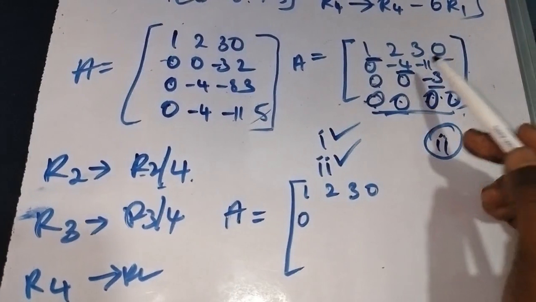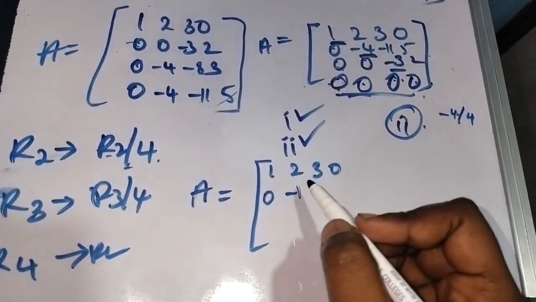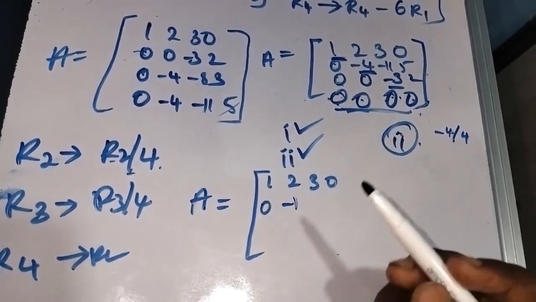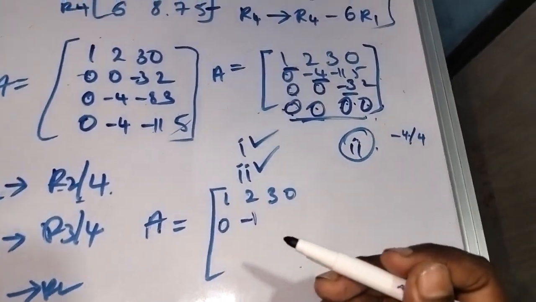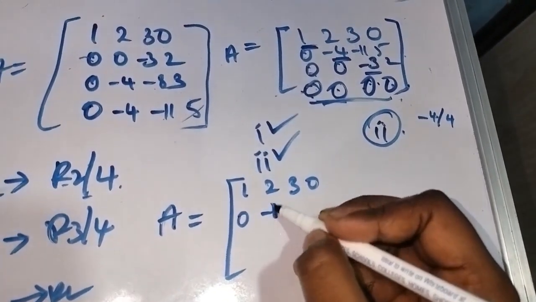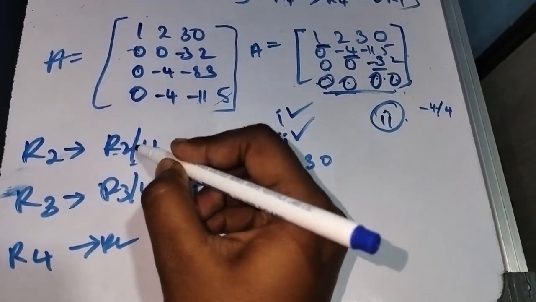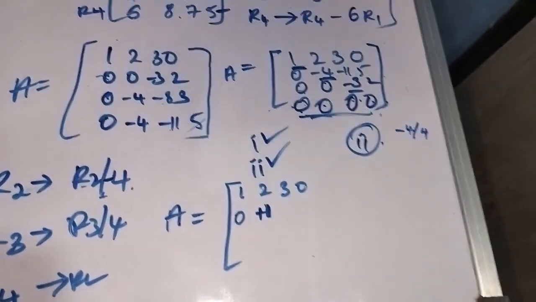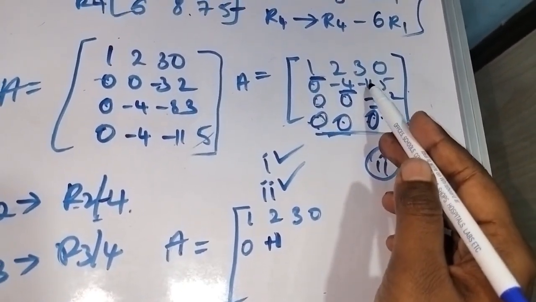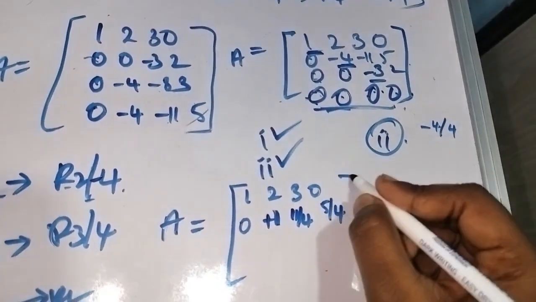R2 by 4: R2 is minus 4, and by 4 it is equal to minus 1. So here, unfortunately, in the default we can have a minus symbol over here also, then this becomes plus 1. So here also we have R2 by 4, which means 11 by 4, and 5 by 4.